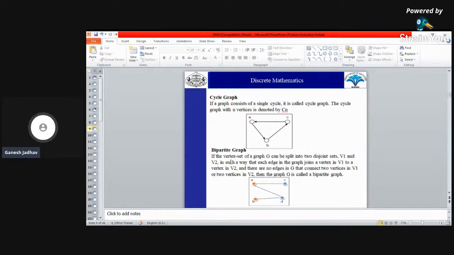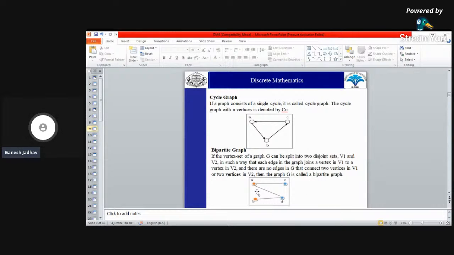If the vertex set of graph G can be split into two disjoint sets, V1 and V2, in such a way that each edge in the graph joins a vertex in V1 to a vertex in V2, and there is no edge in G connecting two vertices in V1 or two vertices in V2, then the graph is called a bipartite graph.